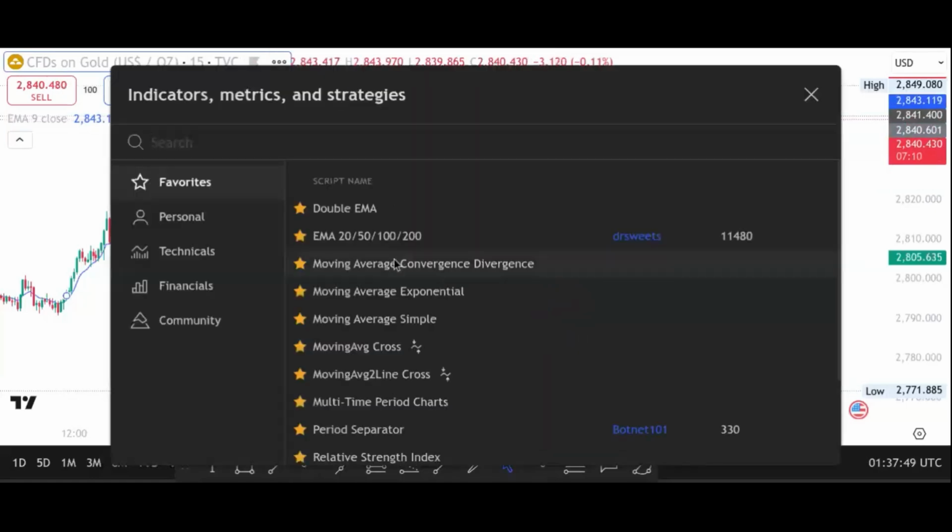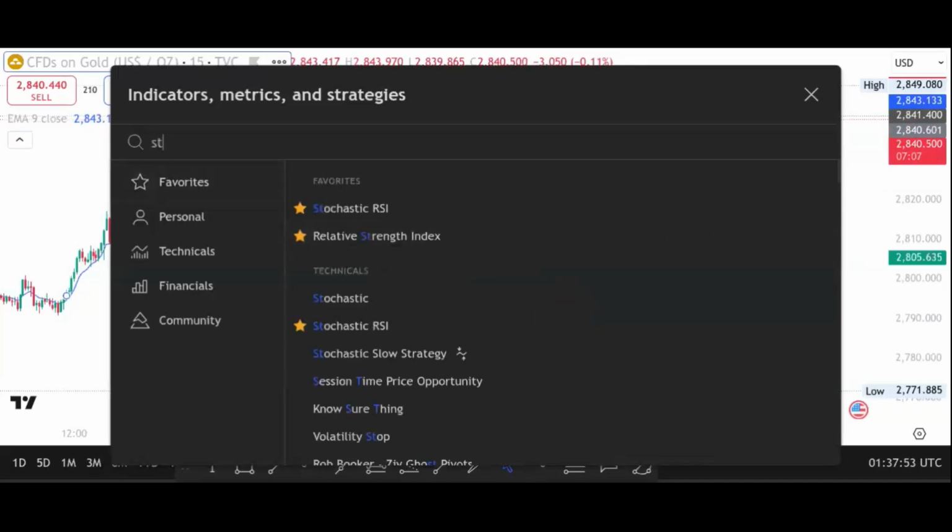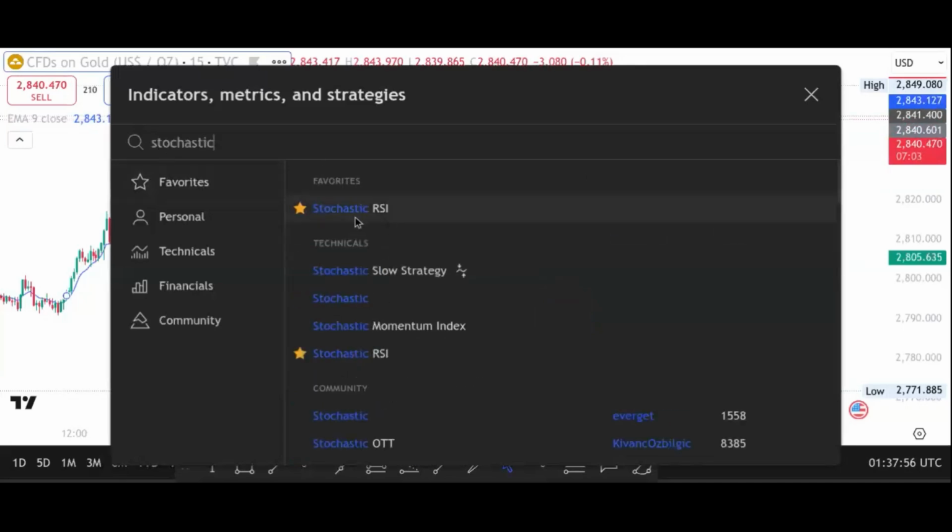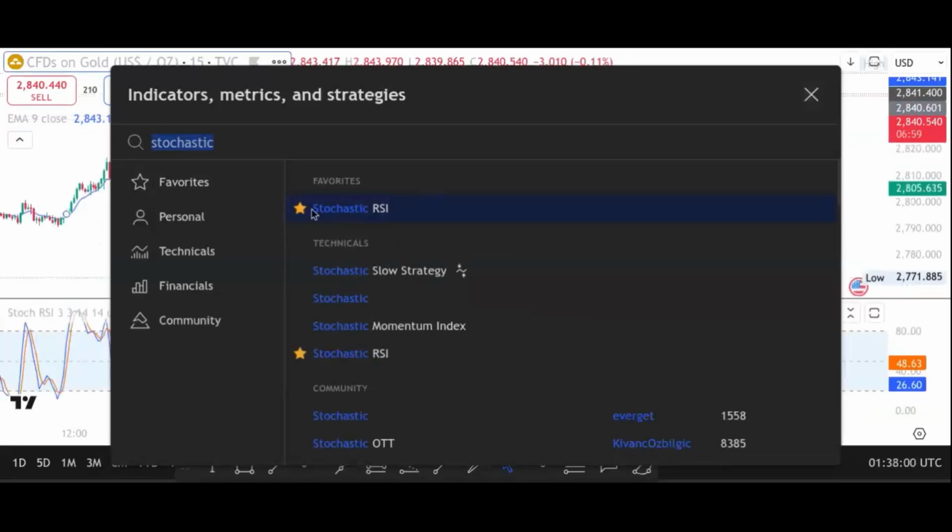Now with this, we're literally looking for the stochastic RSI, right? So that's the one you're looking for. Always remember that if you're using TradingView, you can literally click the star and add it to your favorites. So it will be on your favorites tab.